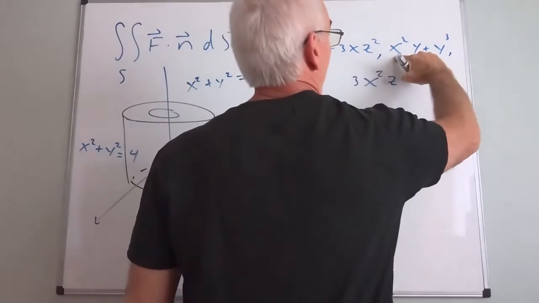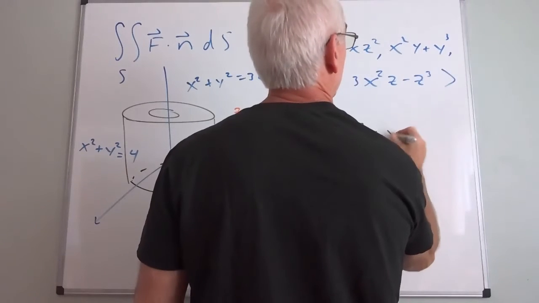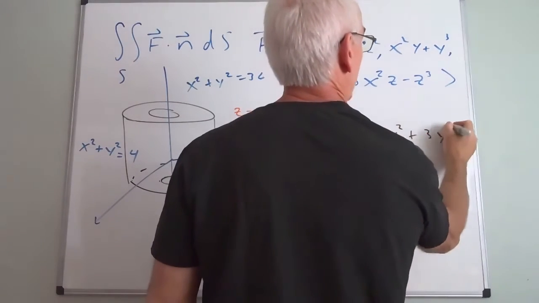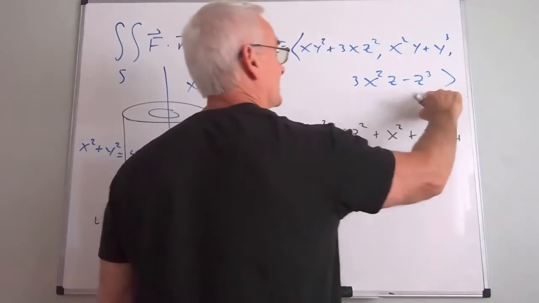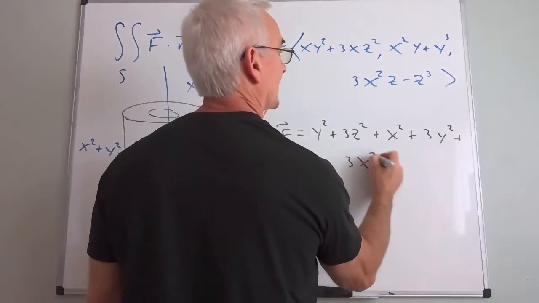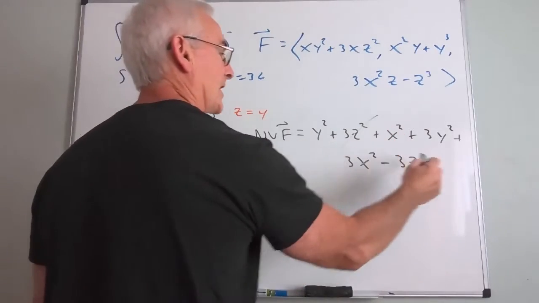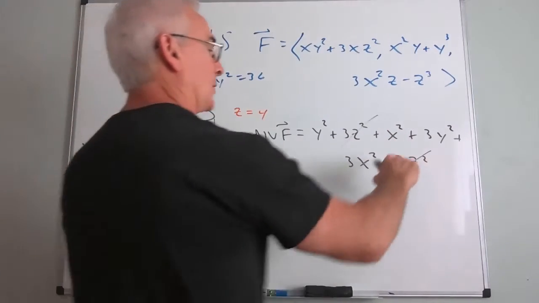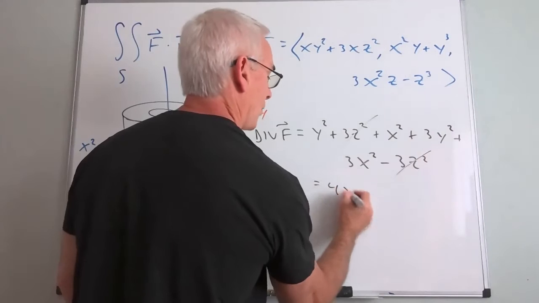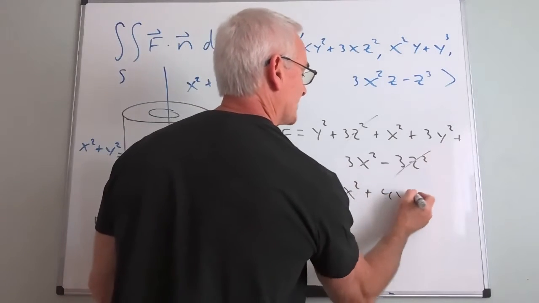With respect to y would be plus x squared plus 3y squared. And then with respect to z would be plus 3x squared minus 3z squared. And I notice that those cancel, and I'm left with 4x squared plus 4y squared.